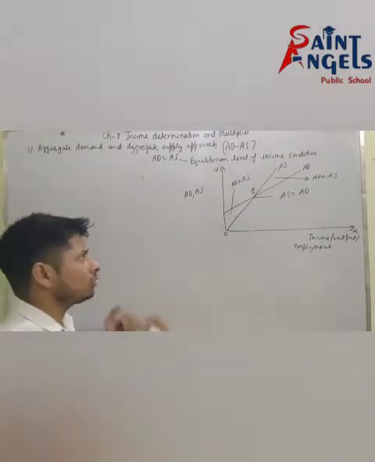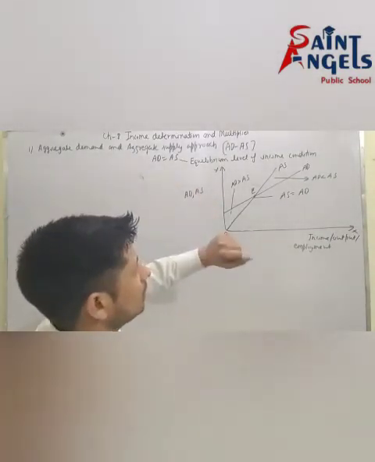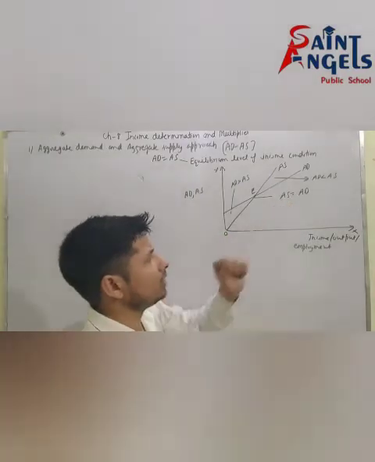Now you know that equilibrium level of income means AS is equal to AD.